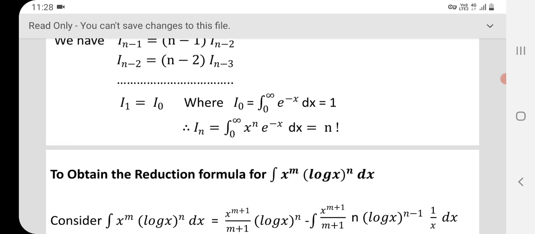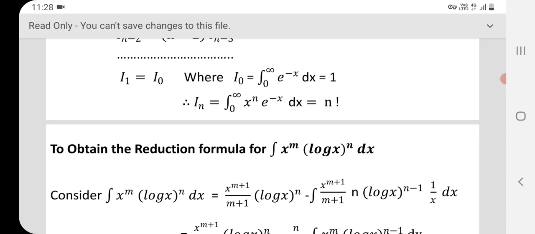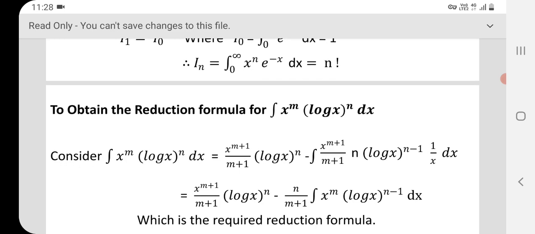Now for another one, to obtain the reduction formula for integration of x power m into (log x) power n with respect to x, consider integration of x power m into (log x) power n dx. Here log x is the first function. Now we consider x power m as the second function.